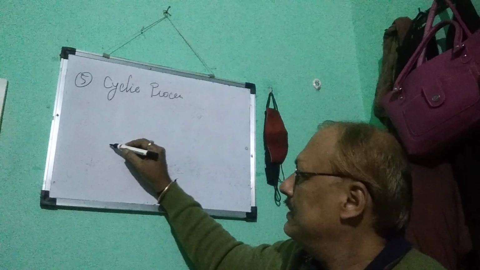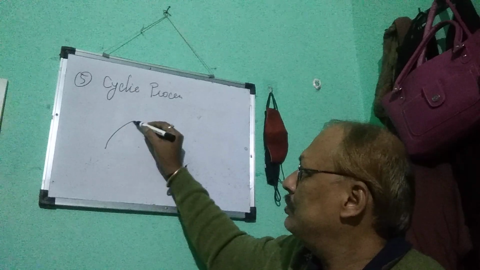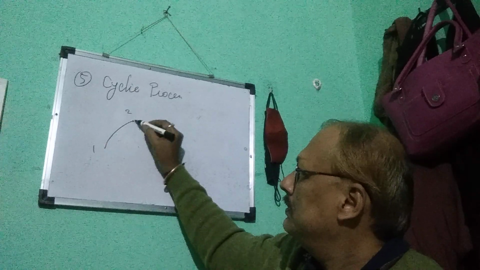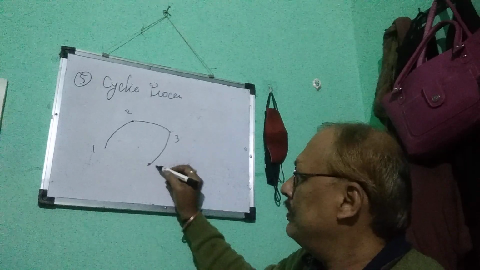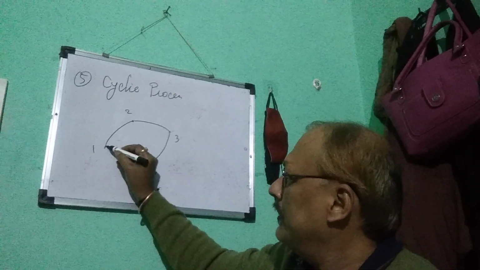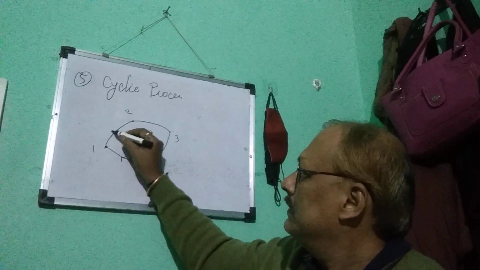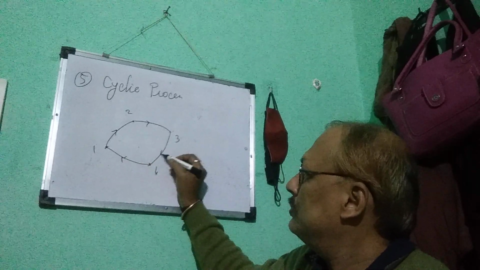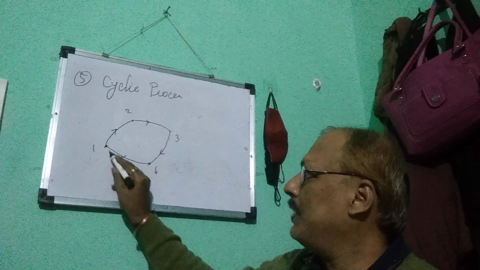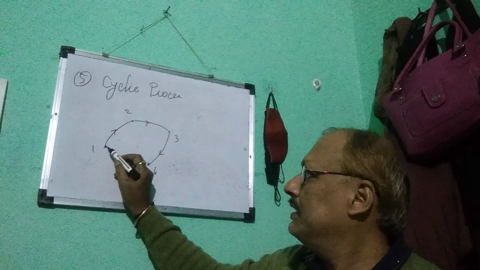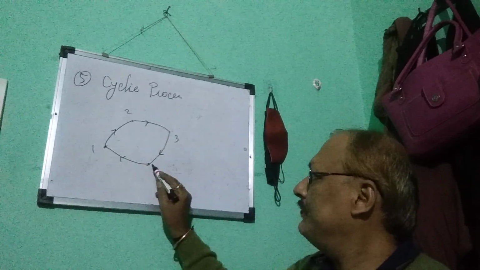A cyclic process is like this. Suppose 1 to 2, 2 to 3, 3 to 4, and then 4 to 1. This is called a cyclic process, in which the same point is reached again: 1, then 2, then 3, then 4, then again 1.